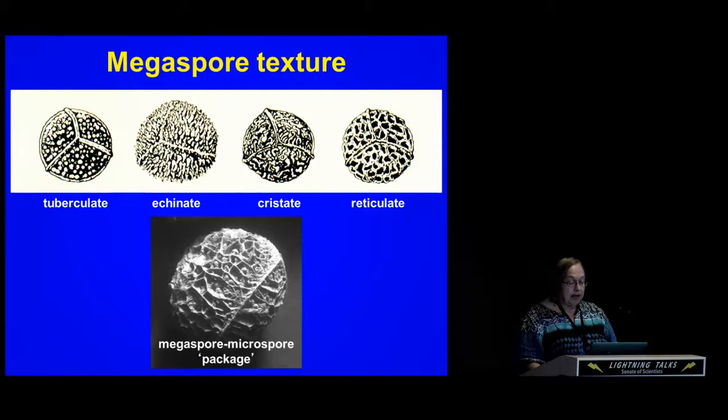We're going to be looking at two species, one of which has echinate or spiky surfaces, and one of which has reticulate, or sort of network, surfaces.